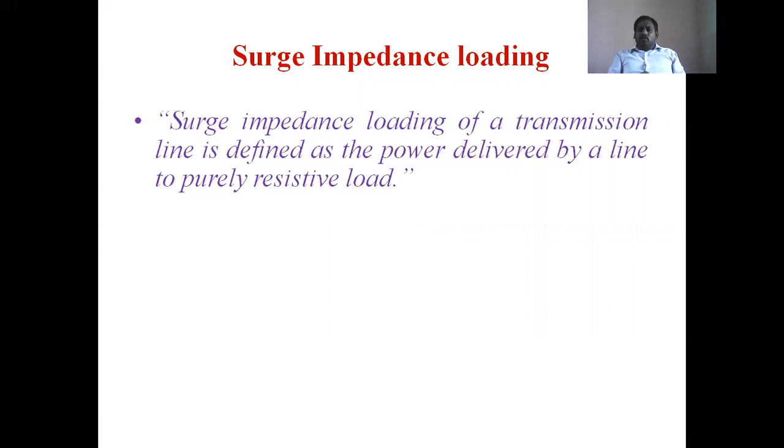Generally, the load applied at the receiving end is AC. In AC we call it impedance. Resistance is only for DC, but impedance Z exists. But here the thing is, when the power is delivered by a line to a purely resistive load, then that type of loading on a transmission system is a surge impedance loading.